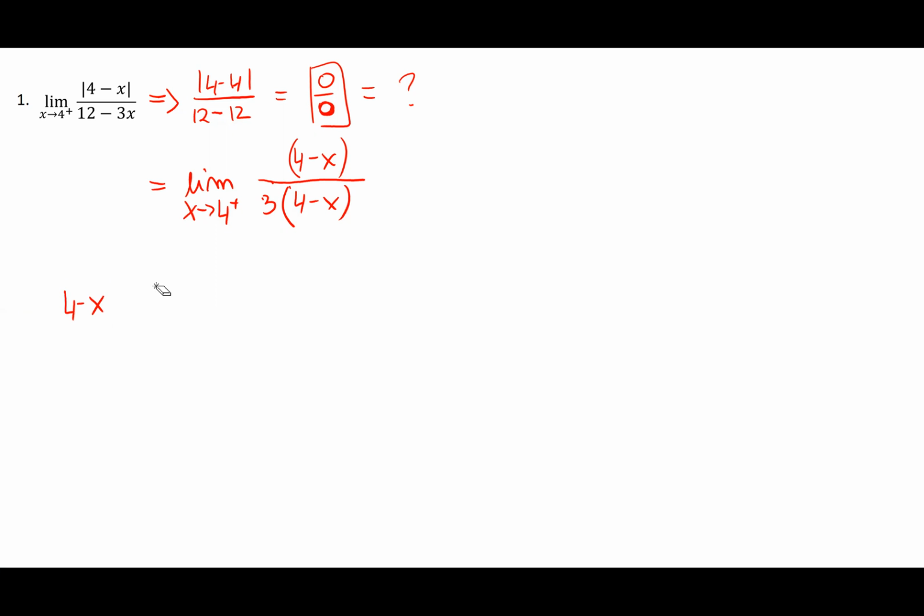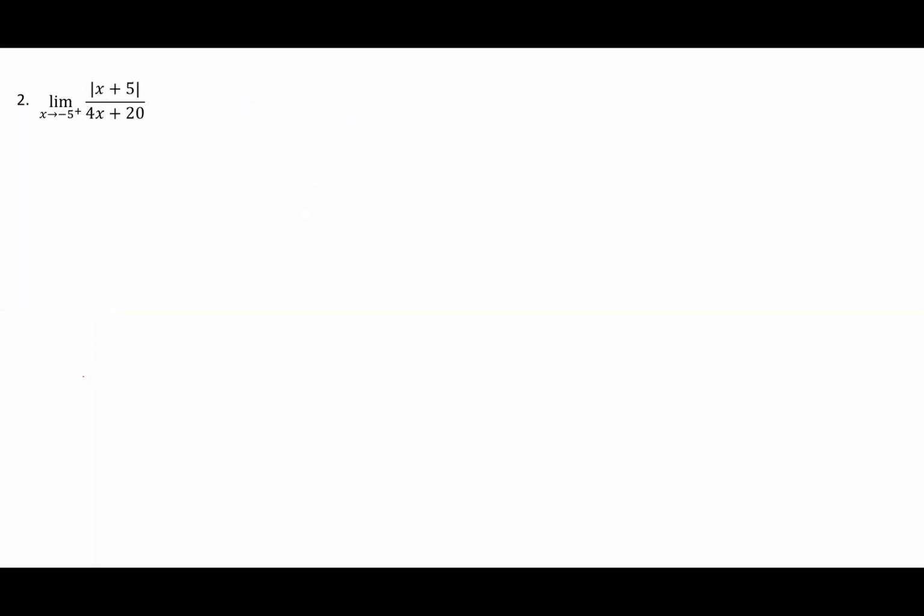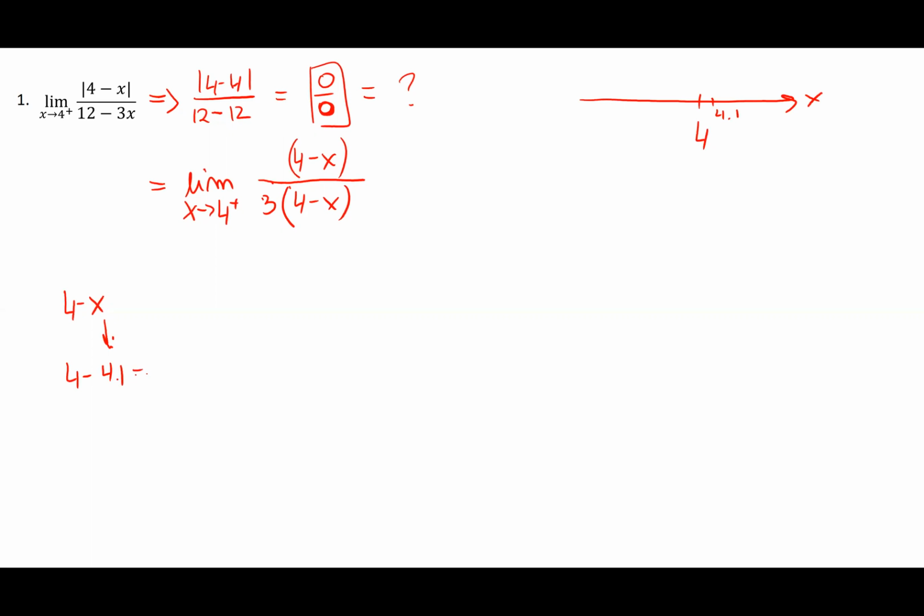Let's check. x is not really 4. It's 4 from the right-hand side. 4 from the right-hand side is like 4.1, let's say. It means x is 4.1, and 4 minus 4.1 will actually give me a tiny number, but negative.